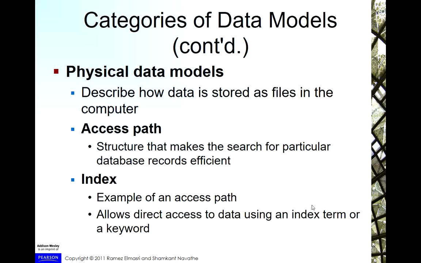Here I can find that the word arrays is on page 271. So instead of scanning the first 270 pages, I go to page 271, because that is the first occurrence of this word, and I will find the statement where this word is mentioned.